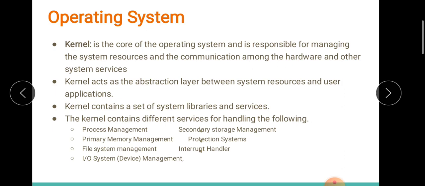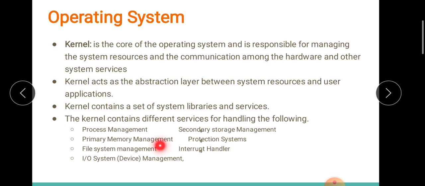Anything and everything related to your primary memory is managed in the primary memory management unit. How much memory is currently being used, how much is required for a process, how much is free for a process. All those things are determined by the primary memory management.